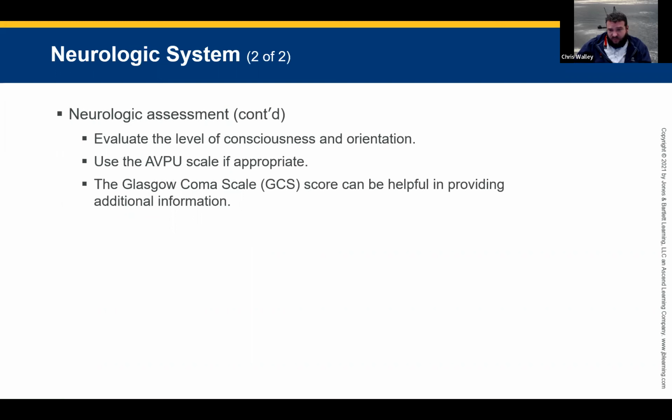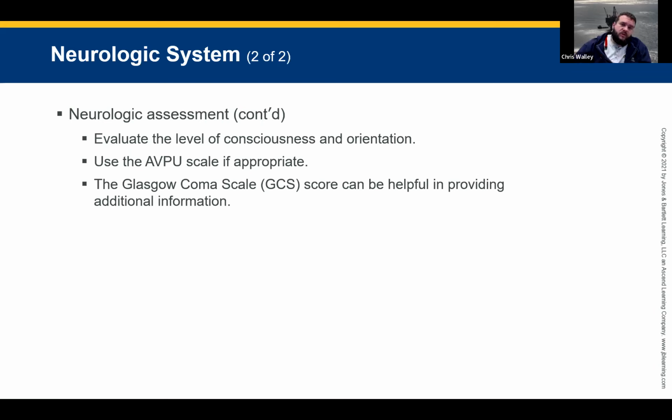We talked about the AVPU scale. Now let's talk about the GCS, the Glasgow Coma Scale. The score can be helpful for providing additional information on patients with a mental status change. As we move forward, I will have a whole chart on the GCS.